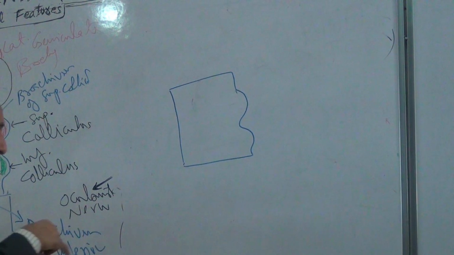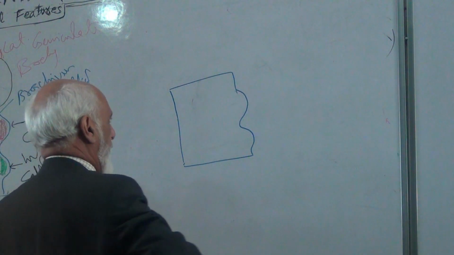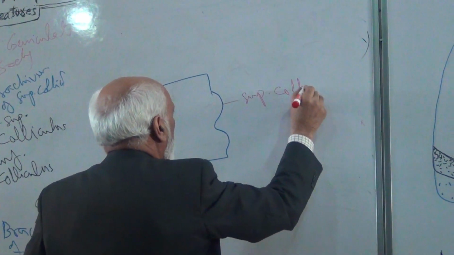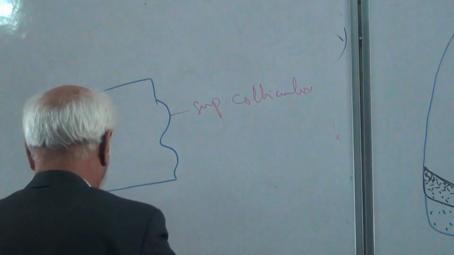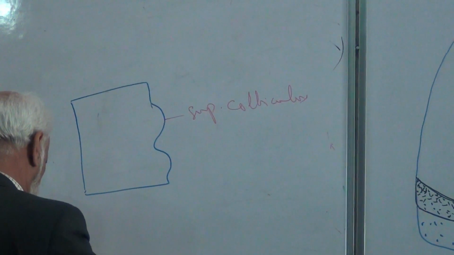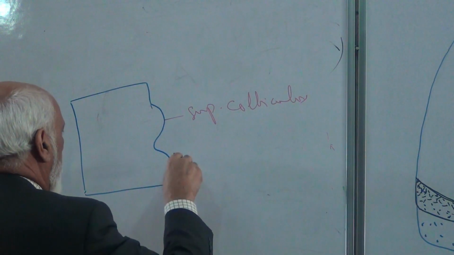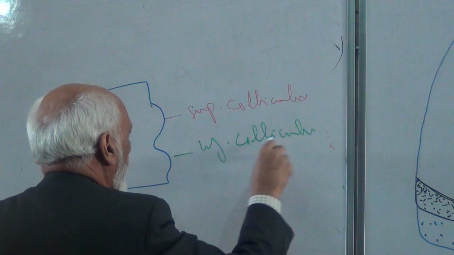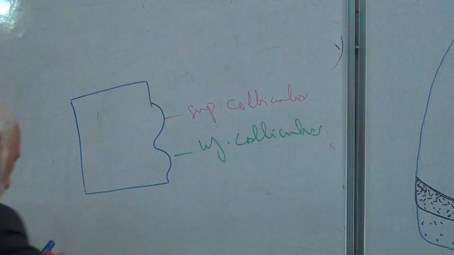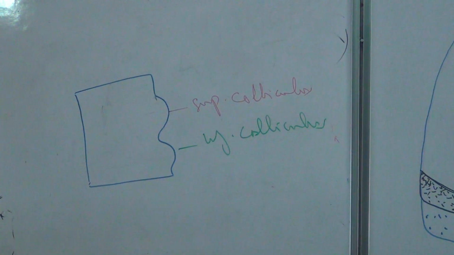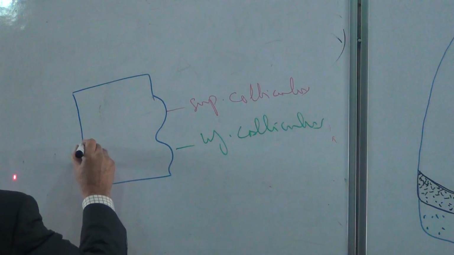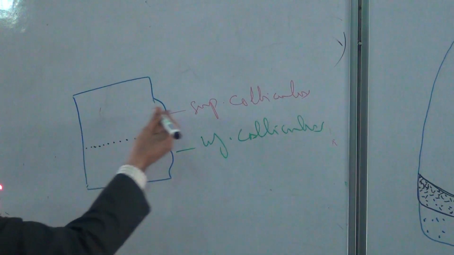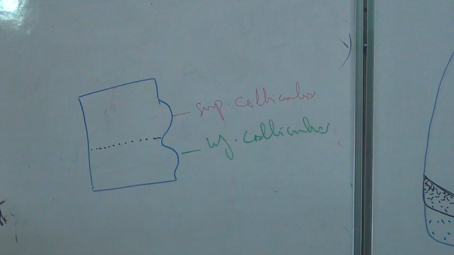Now this is the level of superior colliculus, and this is the level of inferior colliculus. So the internal structure of the midbrain varies in the upper half and lower half, that is, at the level of superior colliculus and the level of inferior colliculus.